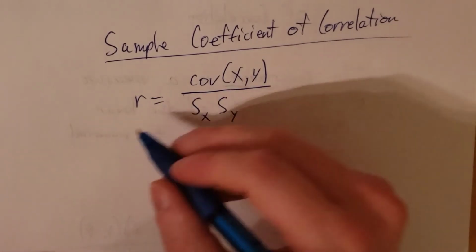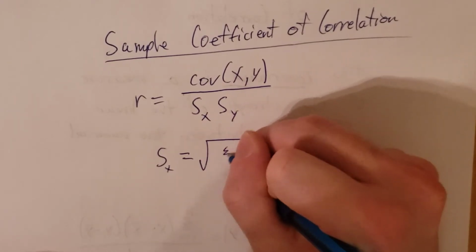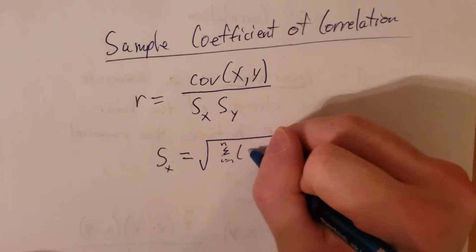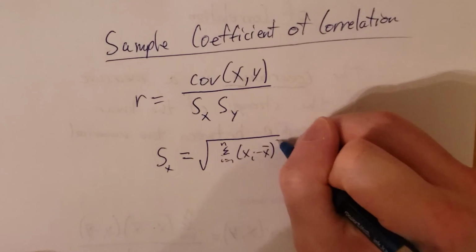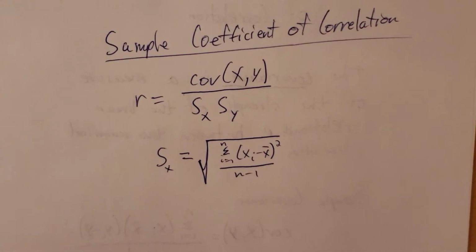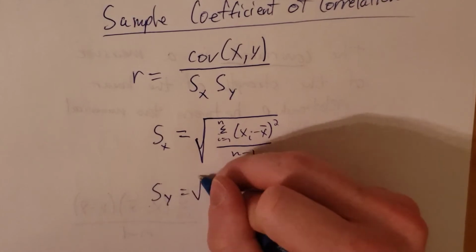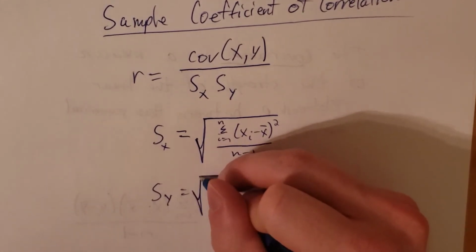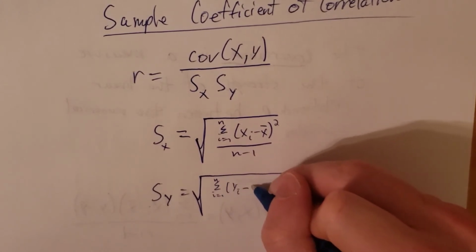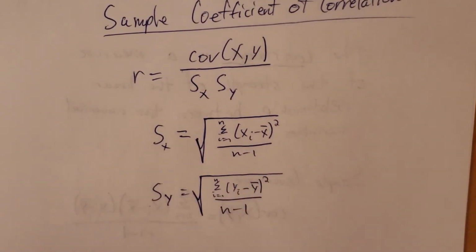So just a reminder, s sub x, that is the standard deviation, which is the square root of the sum from i equals 1 to n of x sub i minus x bar squared, all divided by n minus 1. And s sub y is the same thing, but on the y variable. So i equals 1 to n, y sub i minus y bar squared all over n minus 1.